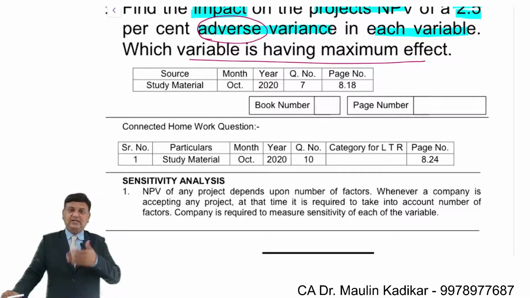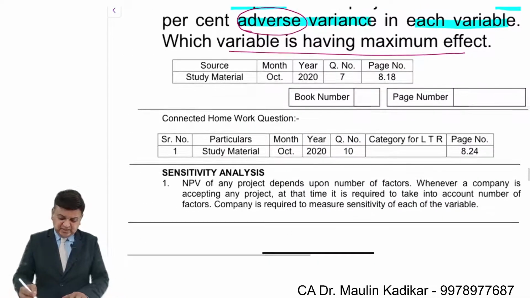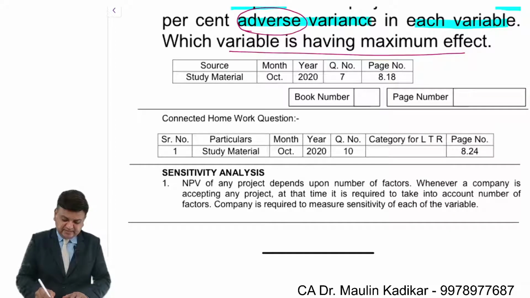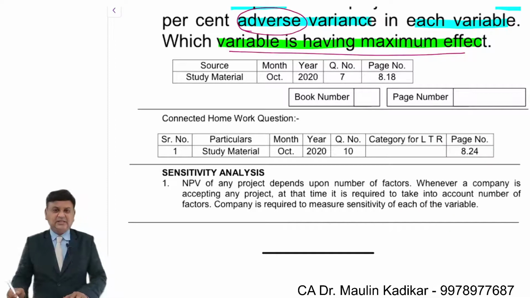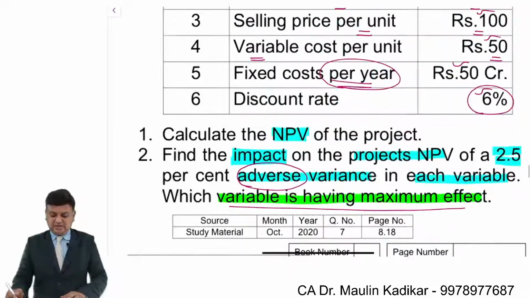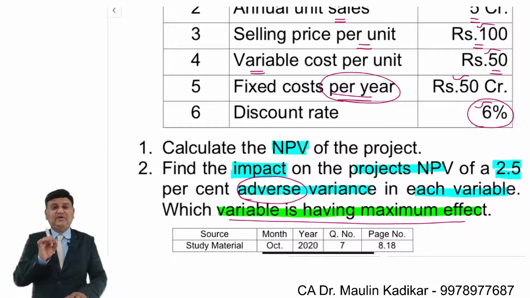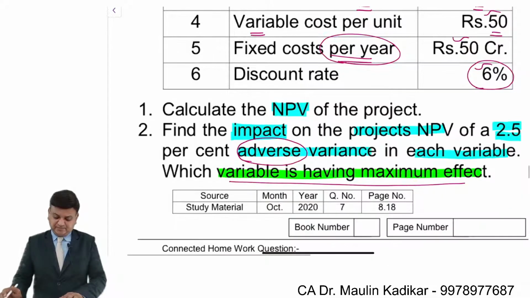You don't worry, I'll dictate a note to you for that. The question says that which variable is having the maximum effect, and this is given a technical name as the most sensitive factor in the project.